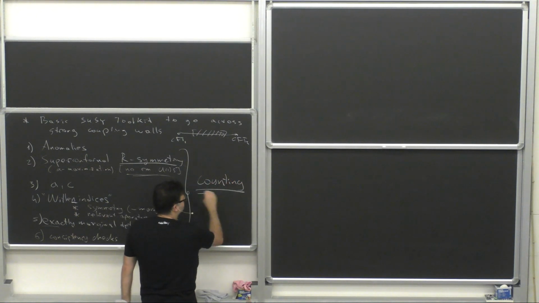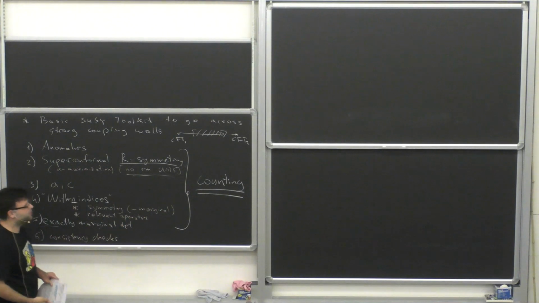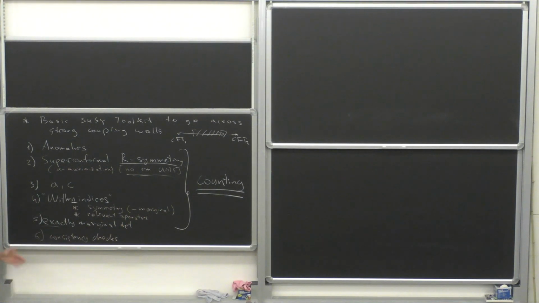Okay? So all we can do, or the robust thing that we can do, is counting. So anomalies is counting, the indices is counting. Then we relate these A and C anomalies, which don't look like really counting something, but again, these are related to anomalies, so these are counting problems.